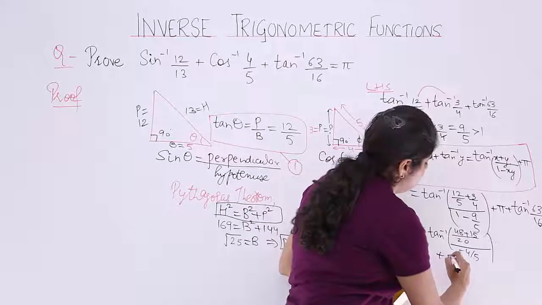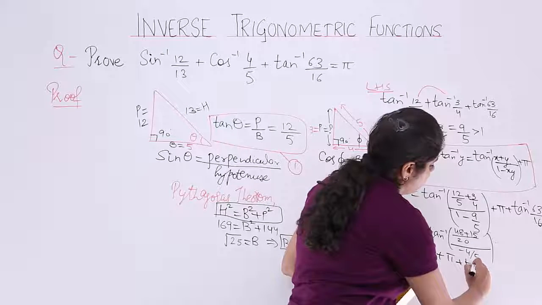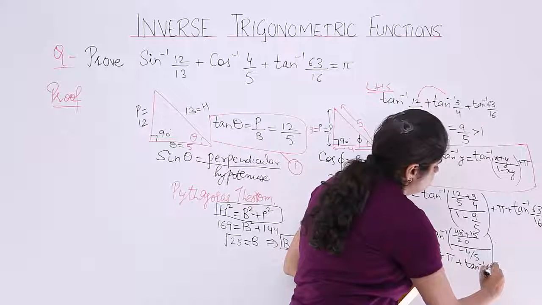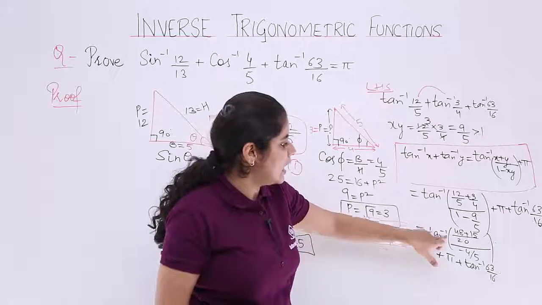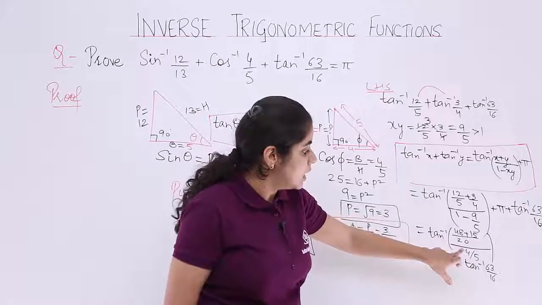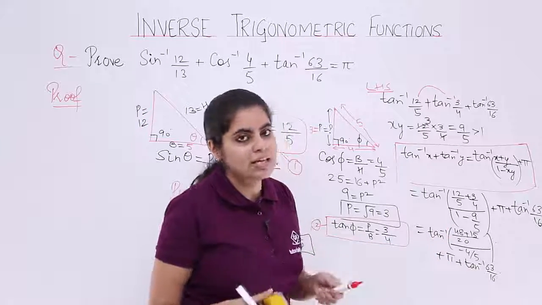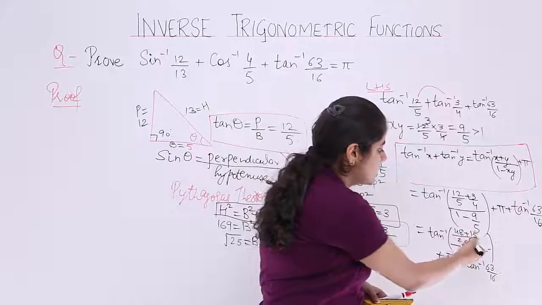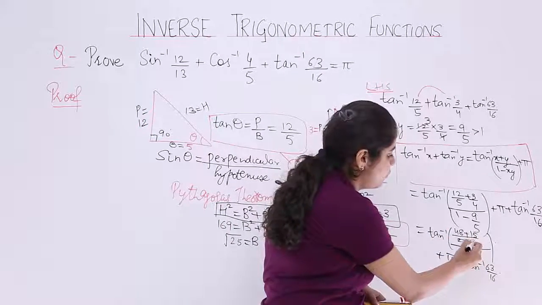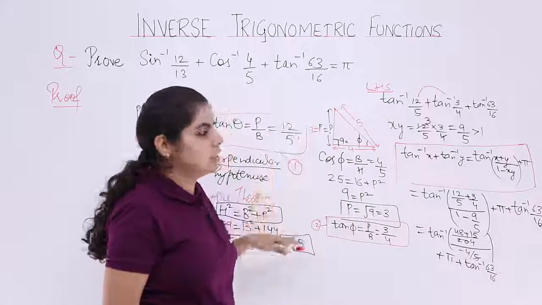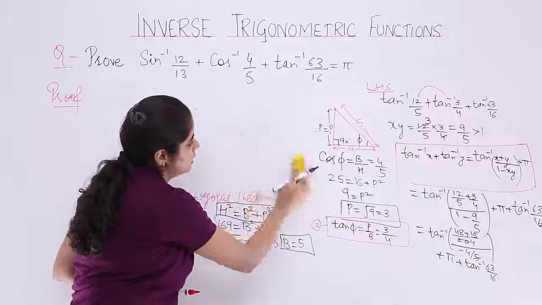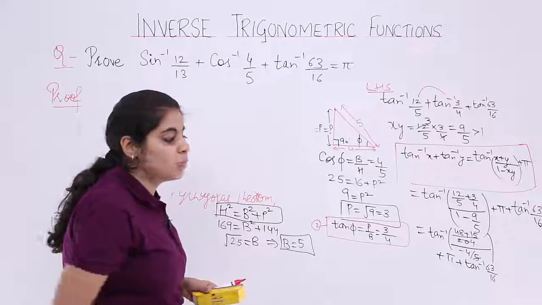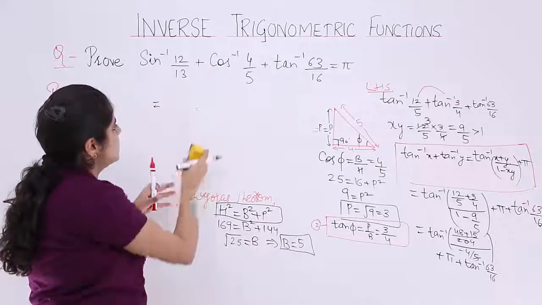Now you can solve it by yourself. This is tan inverse of 63 upon 20 divided by minus 4 upon 5. Let's solve this here. I erase a bit to create some space. I write the last step again.